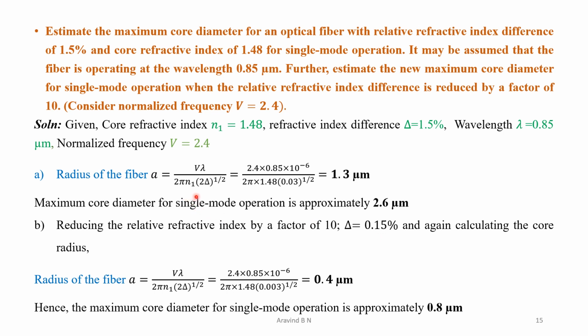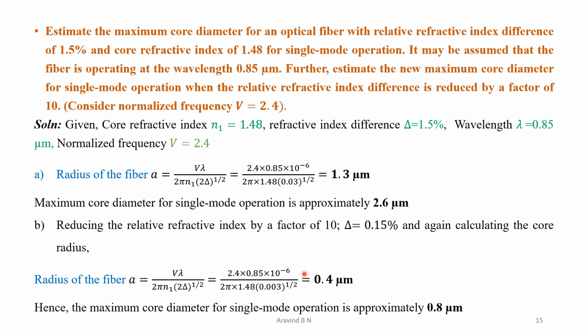So same formula, only the parameter delta is going to change, all other parameters remain the same. Therefore the substitution has been done over here. Now 2 delta is going to be 0.003 to the power of half. By substituting and simplifying, we will get the answer as 0.4 micrometer.